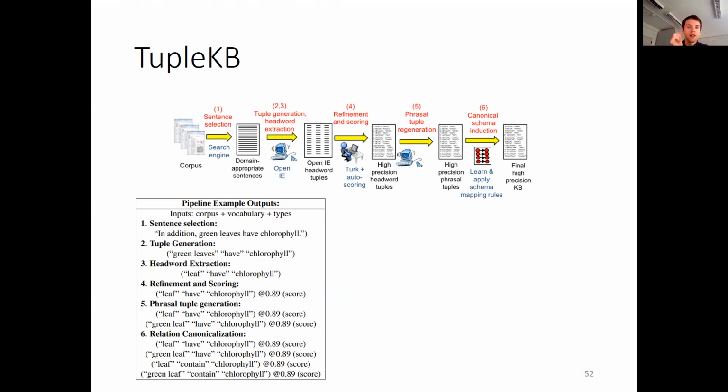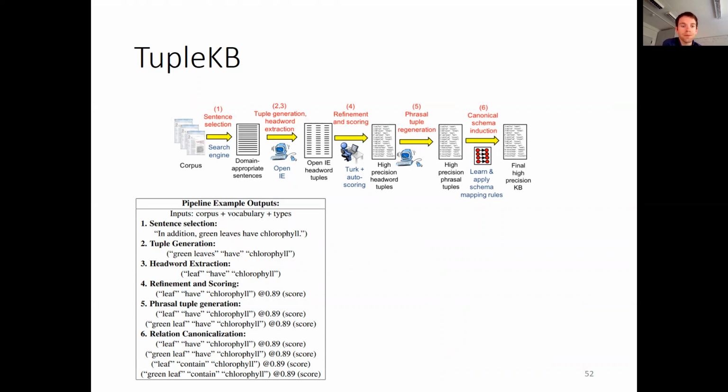And here we see the pipeline of Tuple KB. Given a corpus of websites returned by a search engine, relevant sentences where entities of interest are the subjects are extracted. OpenIE is run on them. Statements are scored by a supervised model based on crowd annotated statements.